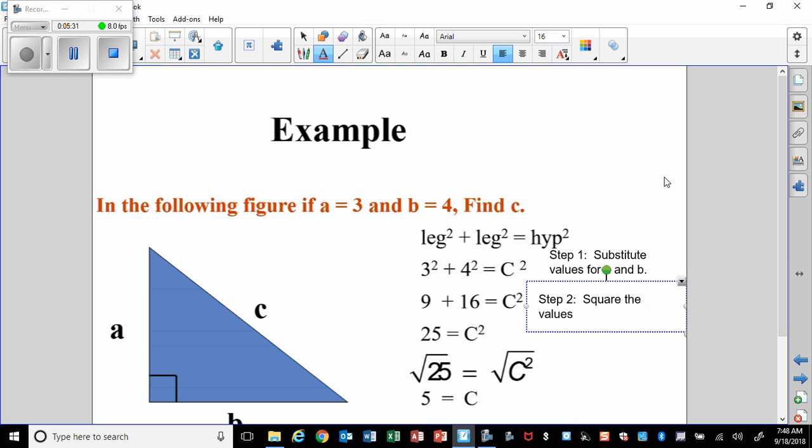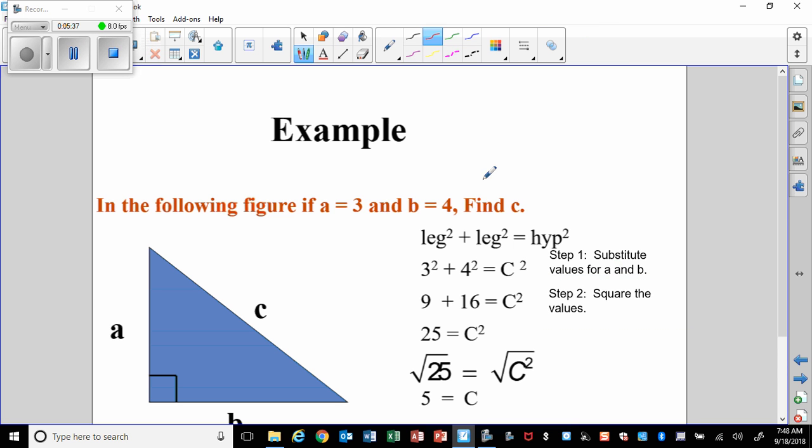Square the values. And so we started off on this problem with 3 squared plus 4 squared. 3 squared is 9, and 4 squared is 16.